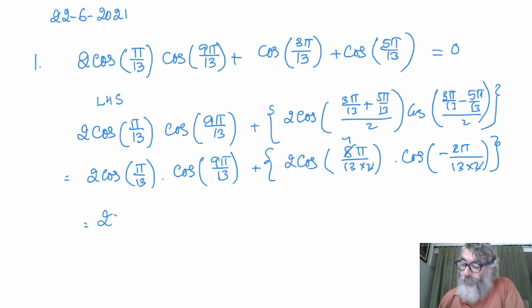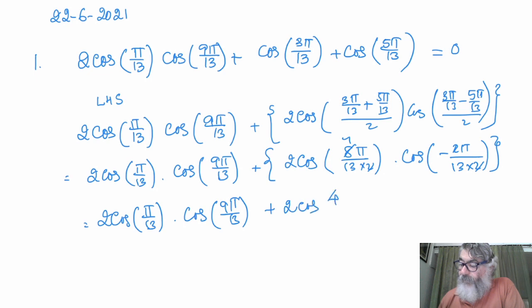It will become 2 cos pi by 13 cos 9 pi by 13 plus 2 cos 4 pi by 13, and cos minus theta is cos theta only.